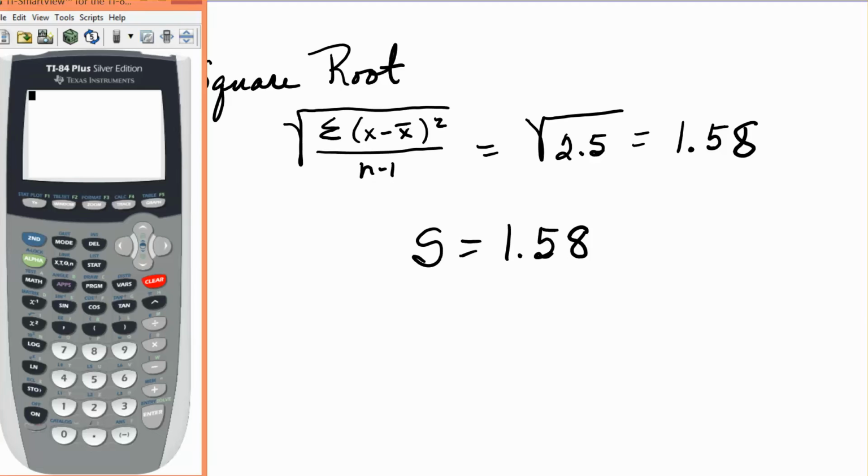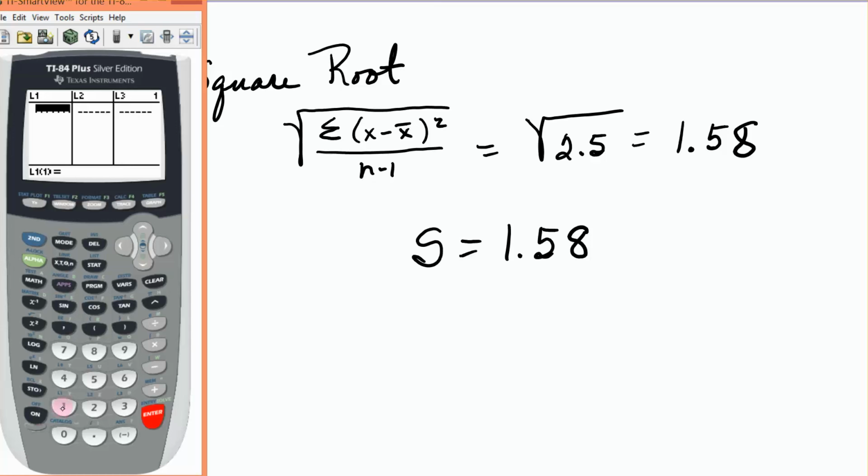Okay, back to the calculator. So it says hit Stat, and you have that list in your notes, in the handout. This time I'm choosing Edit. You come up with some lists. In L1, I'm going to put in my data.